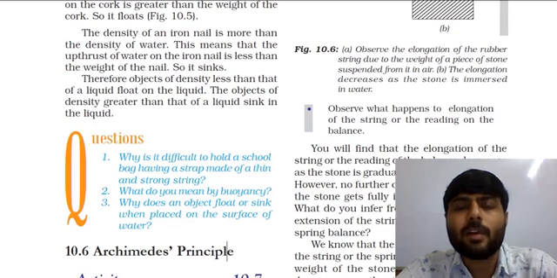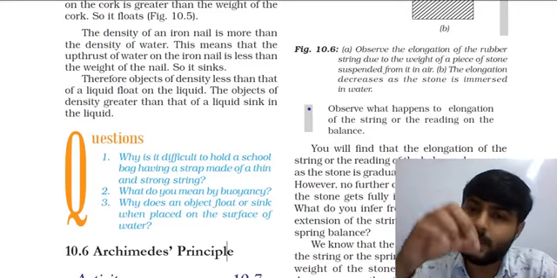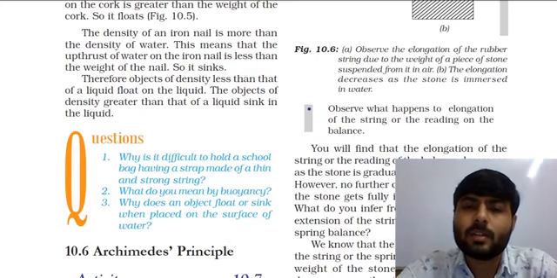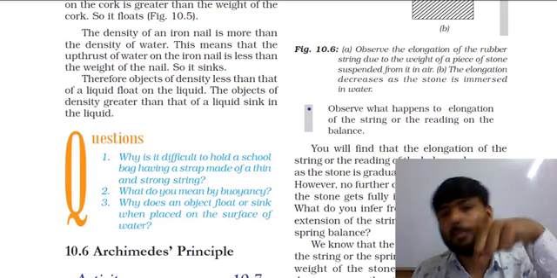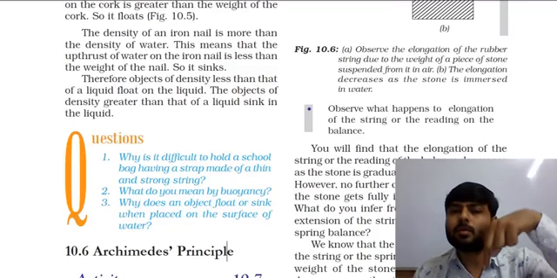Here we have a sinking substance; the stone will sink if we release the thread. In that case, the weight will be more. So the gravitational force, that is the weight of the stone, will be more.